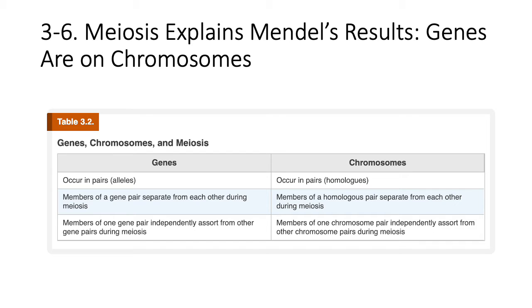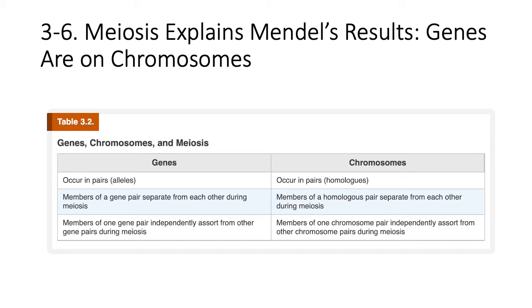From Mendel's discoveries, scientists figured out that genes are found on chromosomes. And so we know that genes are inherited in pairs, one from mom, one from dad. And they also segregate when they're passed on. So the offspring doesn't necessarily inherit both of those traits from one parent.